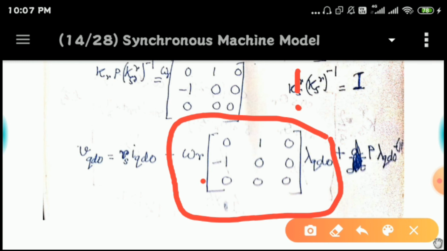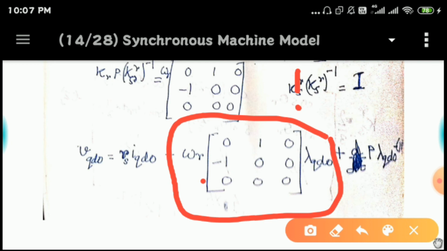That is very obvious when we talk about, say, a DC machine: what voltage will you get at the interpolar axis and at the polar axis?